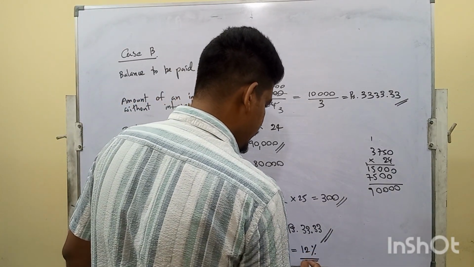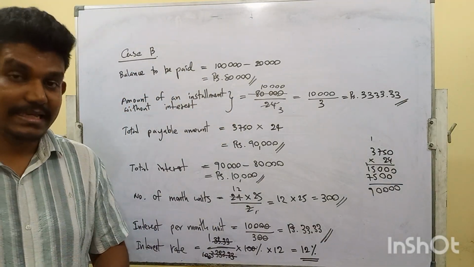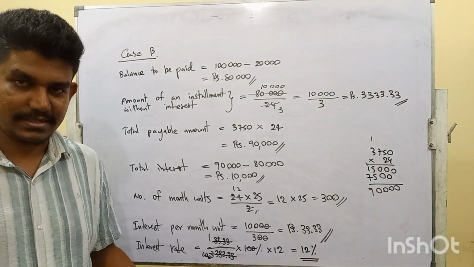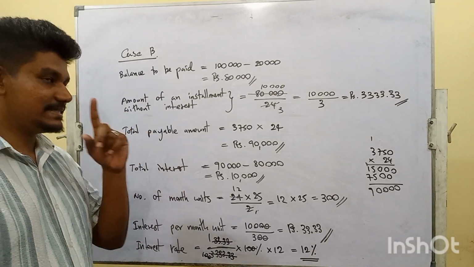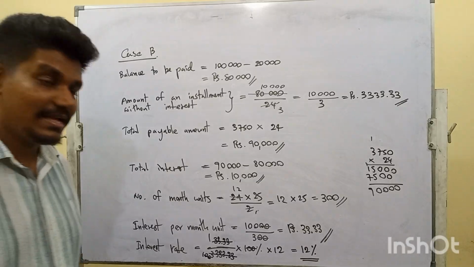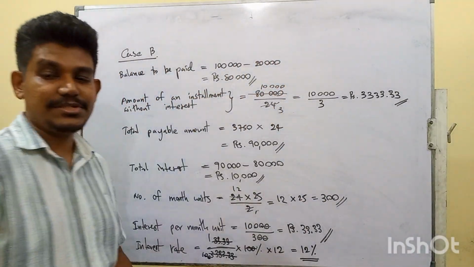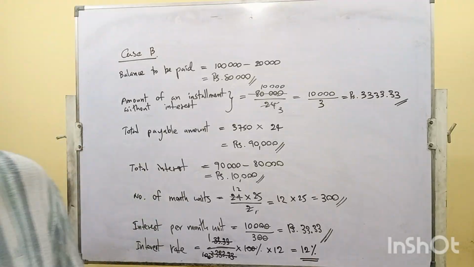percentage should be 12%. Got it? Annual percentage for case B is 12%, right? For the first case A, the percentage is 10%. Case B, the percentage is about 12%. Then we have to compare them and say which one has the highest interest rate.